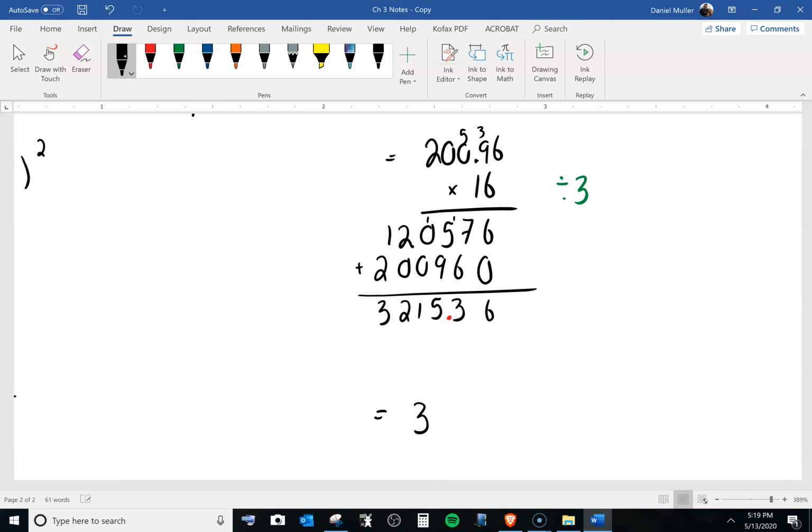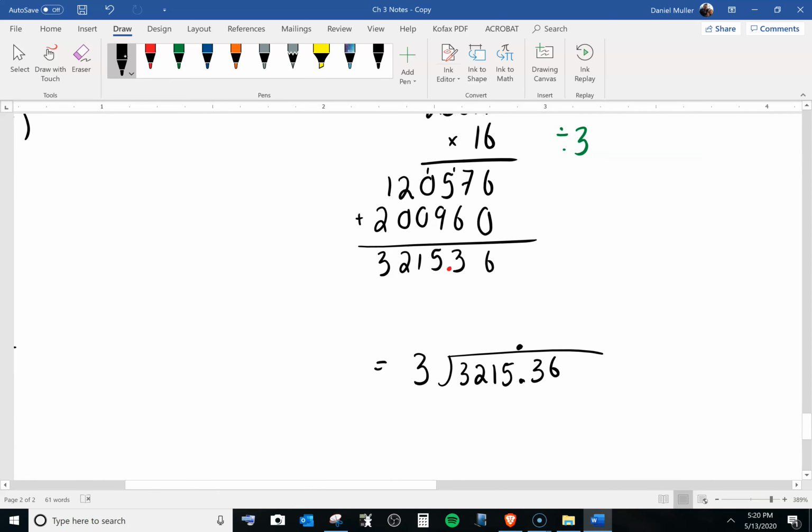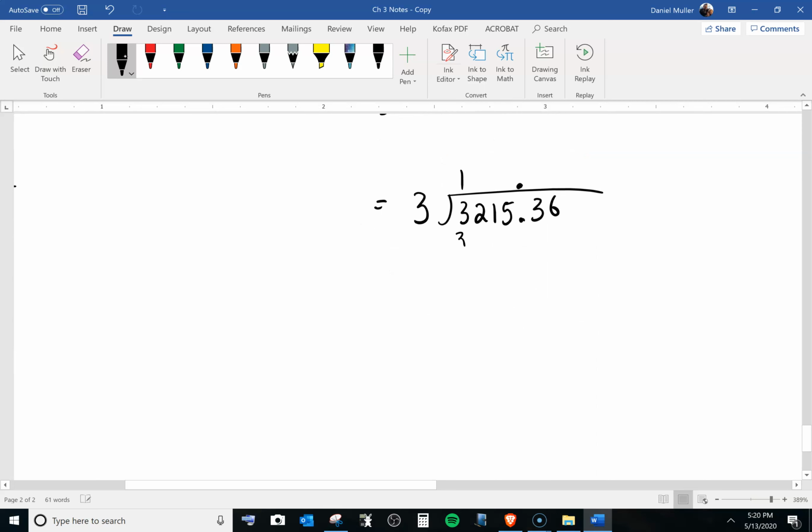So I'm going to go 3 into 3215 point. I put the point up there. 36. So 3 goes into 3 one time. That gets me a 0. And bring down the 2. 3 goes into 2 0 times. So I can bring down the 1. 3 goes into 21 7 times. 7 times 3 is 21.